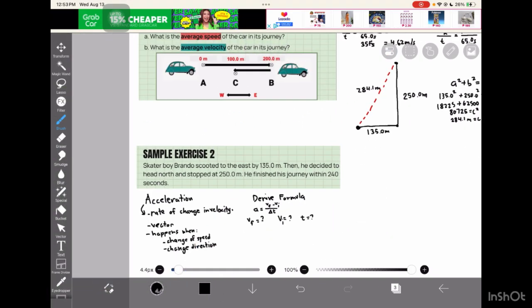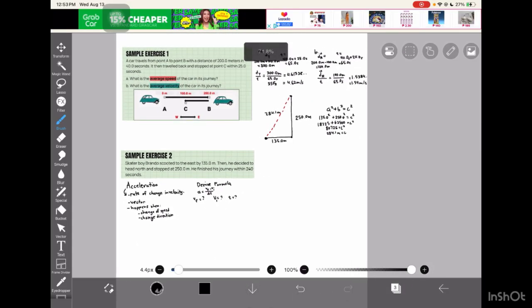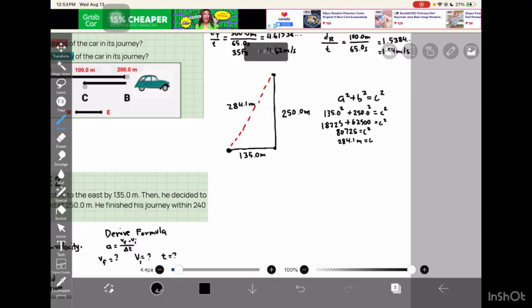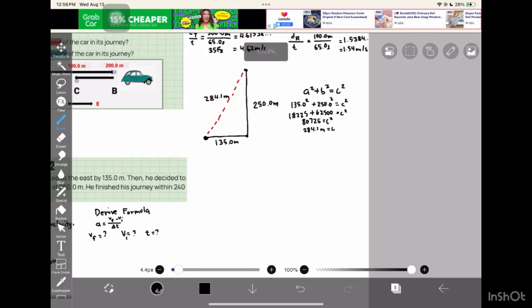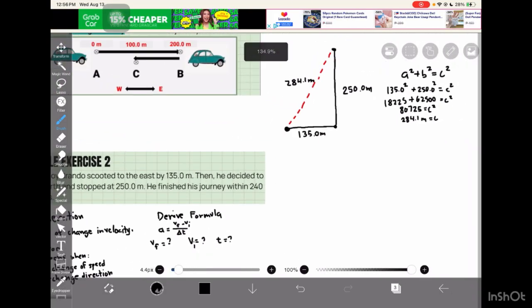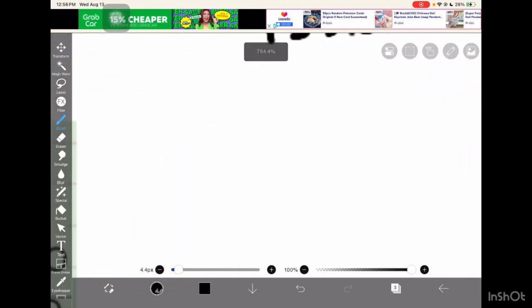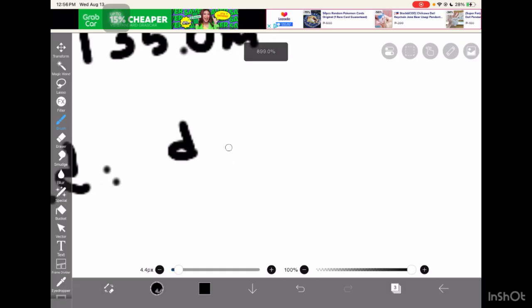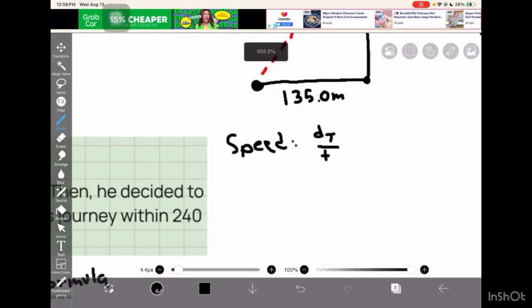Now we can start solving. So let me just get ready. Okay, I've got it. So first and foremost, we need to calculate the speed. So speed is going to be d sub t over t.